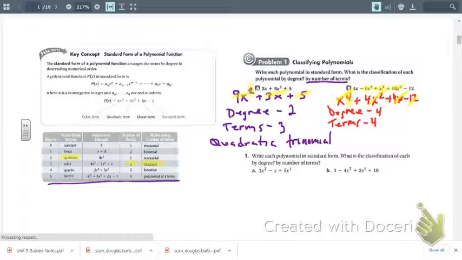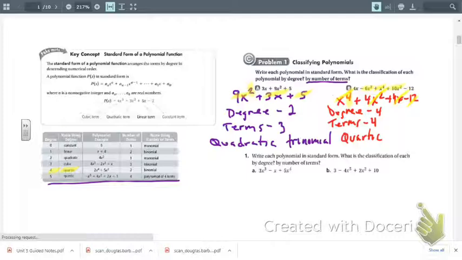Alright, so now I'm going to come over to our chart. A degree 4 is quartic. And then 4 terms.